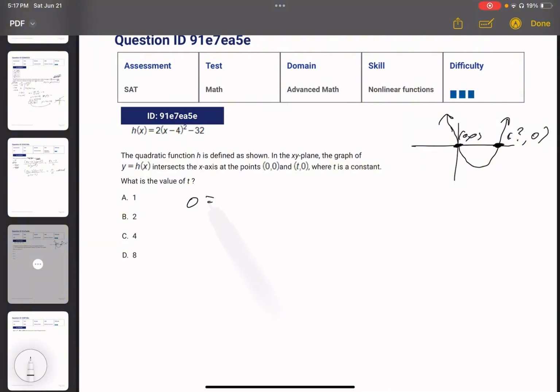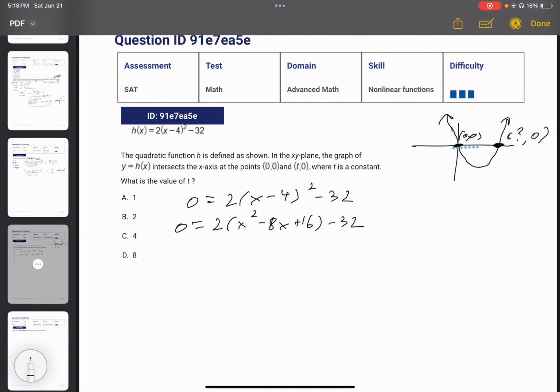So we can see that 0 is equal to 2 times (x minus 4) squared minus 32, correct? Because based off of what I just said, our y value is going to be 0, and this is going to give us our x points for when we have our x-intercepts. So 0 is equal to 2 times x squared minus 8x plus 16, minus 32.